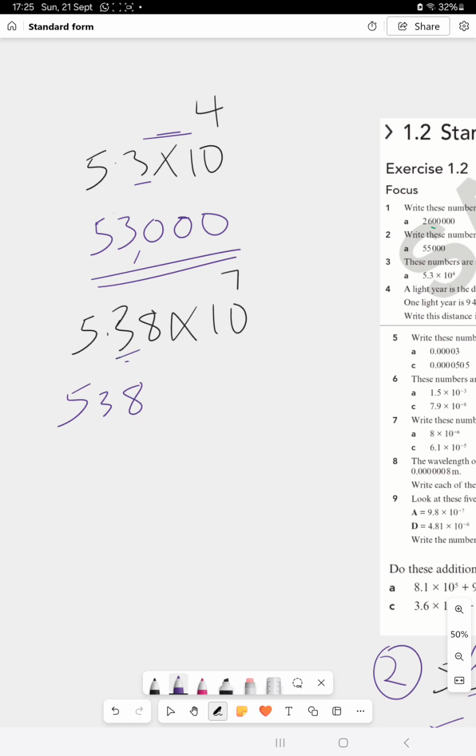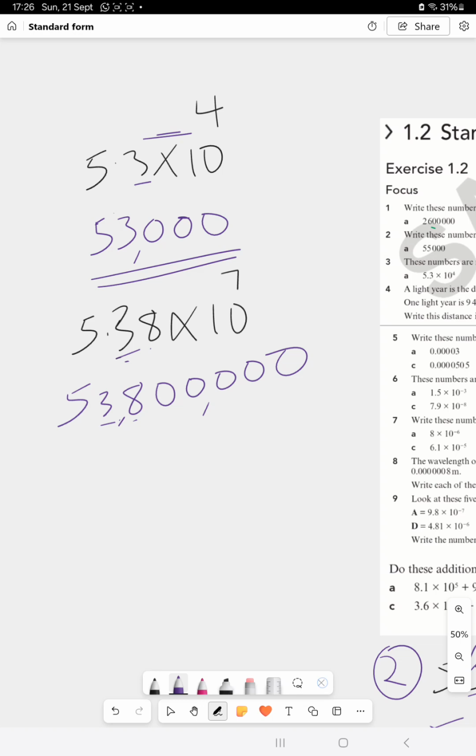Then we count here 1, 2, 3, 4, 5, 6, 7. And then you have written this number in full.